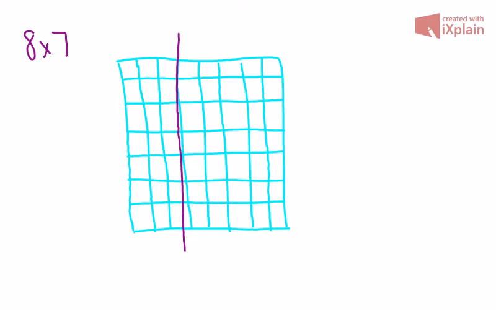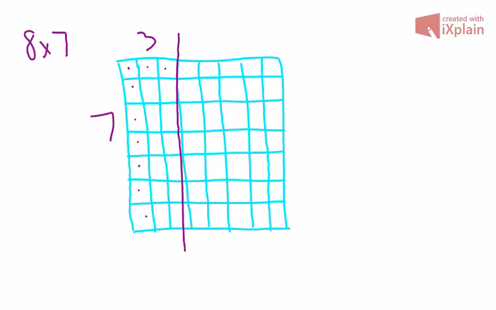So I have 1, 2, 3 on this side, and 1, 2, 3, 4, 5, 6, 7 going down.